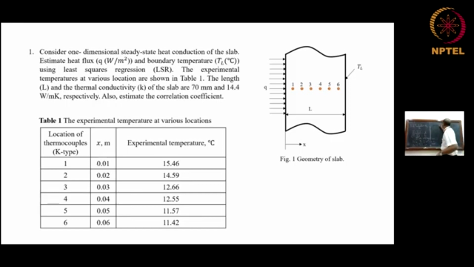Now, what do we want? Q or Q? What is Q?